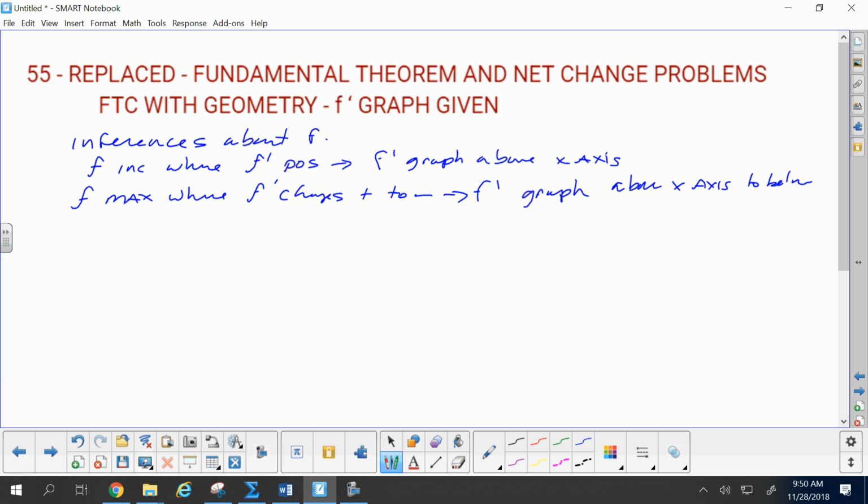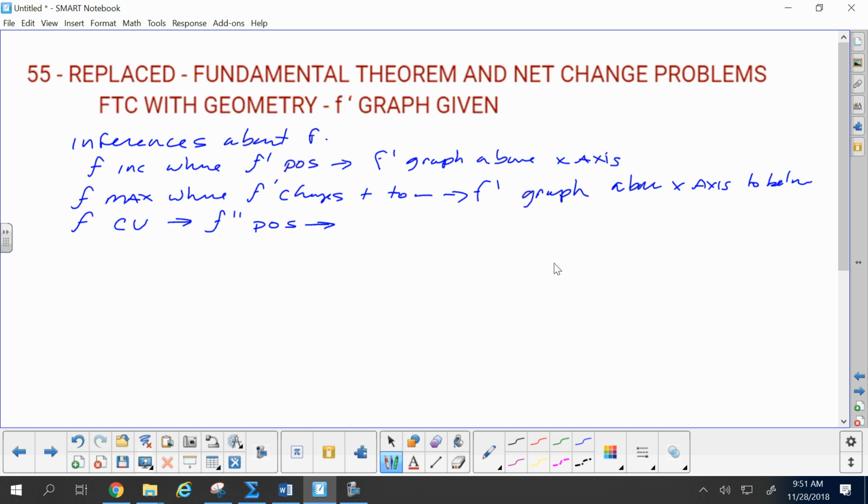You could say, where's f concave up? Now, this would require you to take 2 steps of reasoning. F is concave up where f double prime is positive. Now, if you're working with an f prime graph, then how do you extract f double prime's sign from f prime's graph?